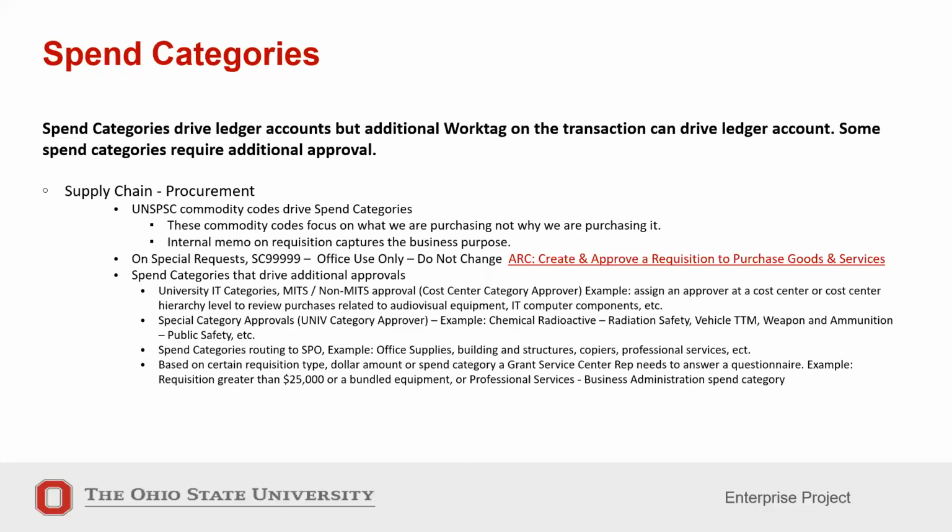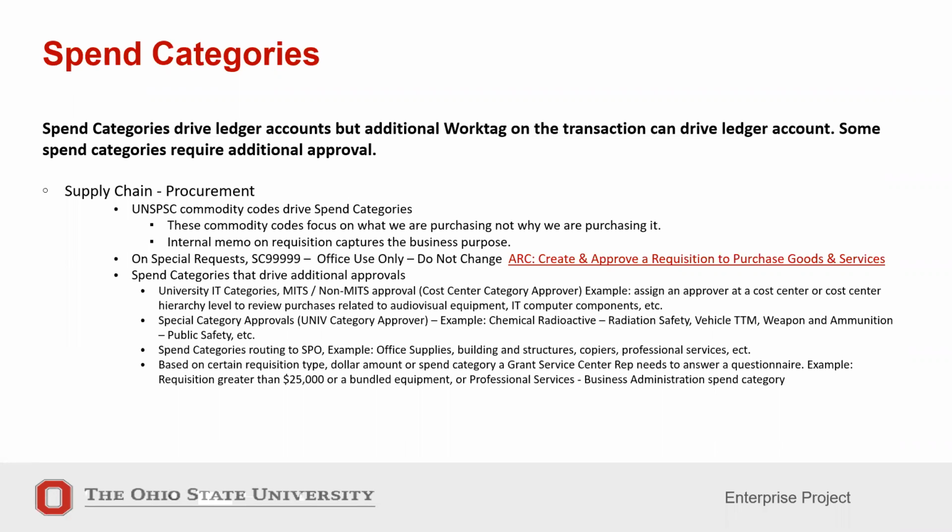To determine the why, sometimes we use other work tags, and you can also capture it on the internal memo of the requisition if you want to capture the business purpose. I know this has been a big change, and we get a lot of questions about how we know what spend category something goes into, if I'm purchasing, let's say, paper. It's really based on where it sits within UNSPSC.